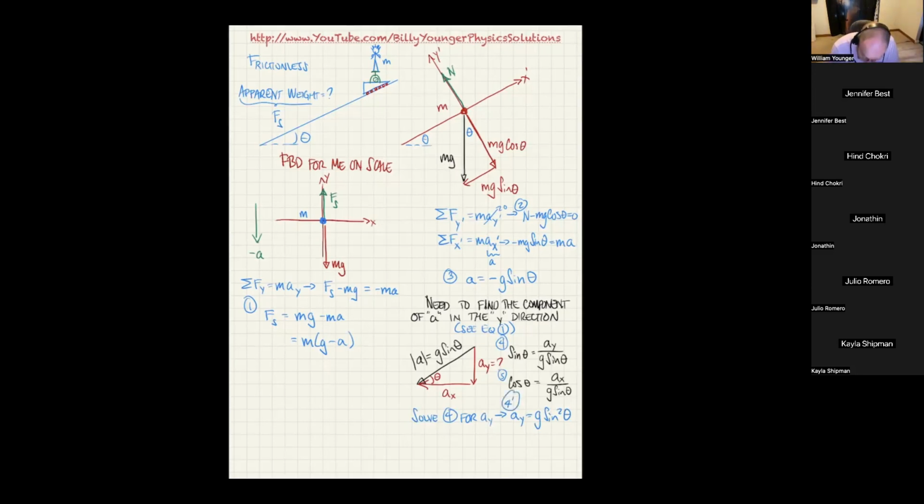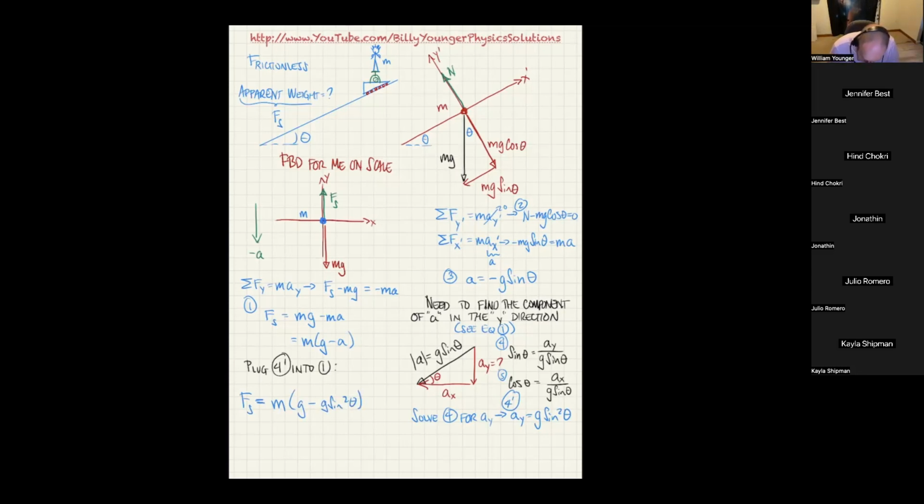Now I'm going to plug 4 prime into 1. When I do that, I get the force due to the scale is actually m times g minus g sine squared theta, like that. Okay.